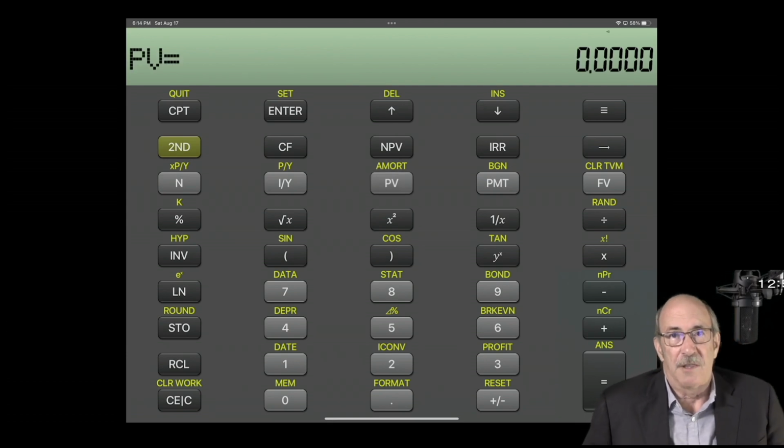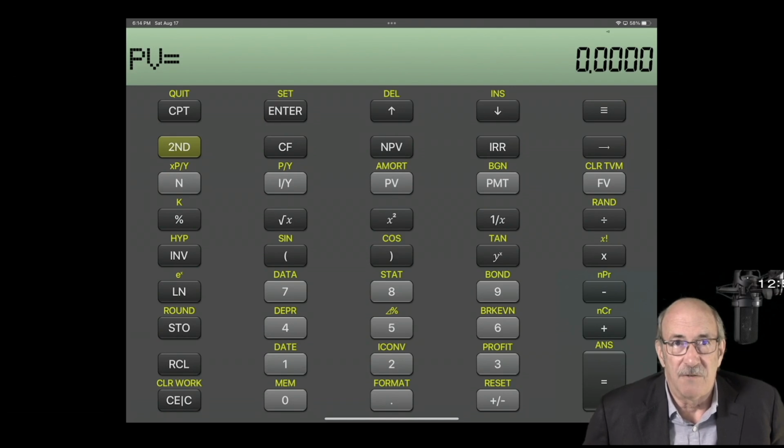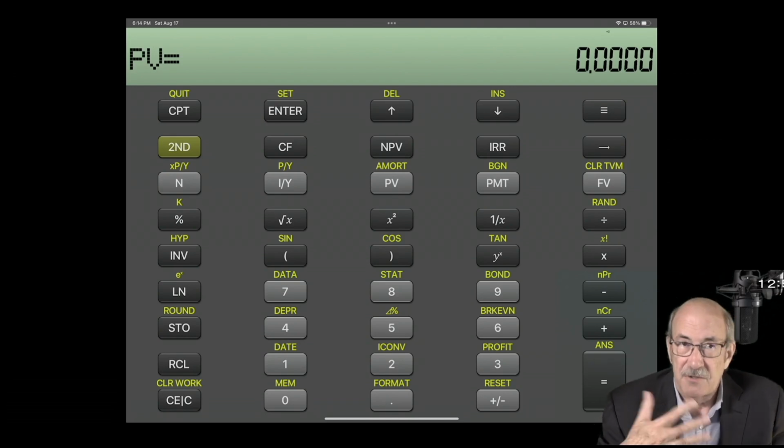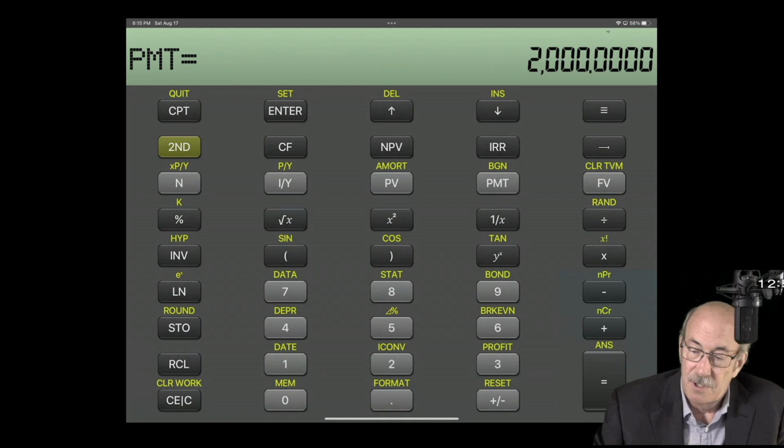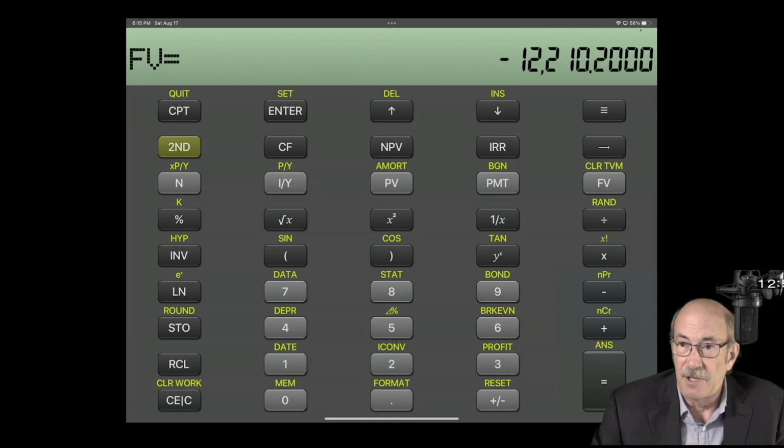We don't put anything in the account until the end of year 1. And so that's just the payment key. And we're putting $2,000 in at the end of each year. We've already got the 5 periods in there. All we have to do is compute our future value, and there we have it, 12,210.